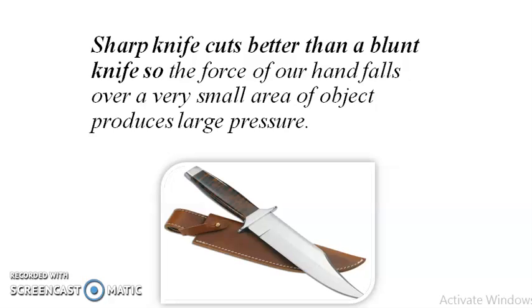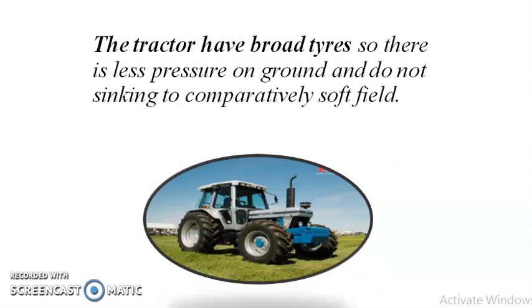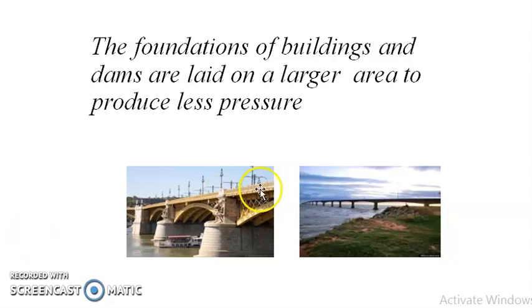Third one is heavy vehicles like tractors have broad tires to withstand their high weight, so that they produce less pressure on the ground. Last one is foundations of buildings and dams are laid on a larger area.